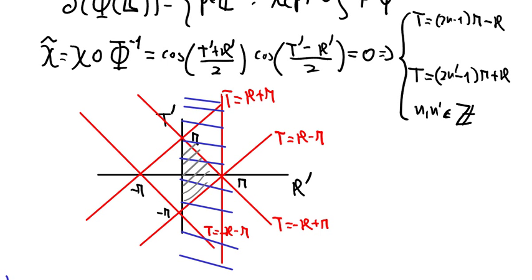This open set is bounded by these two lines which satisfy this condition, and also this vertical line which is the boundary of the coordinate range. But I could have chosen any of the other infinite sets which we have here.